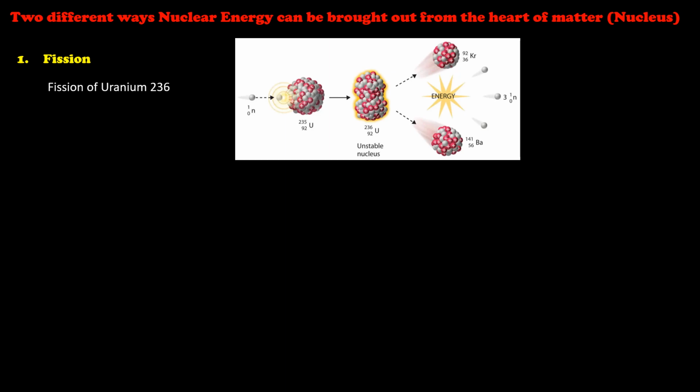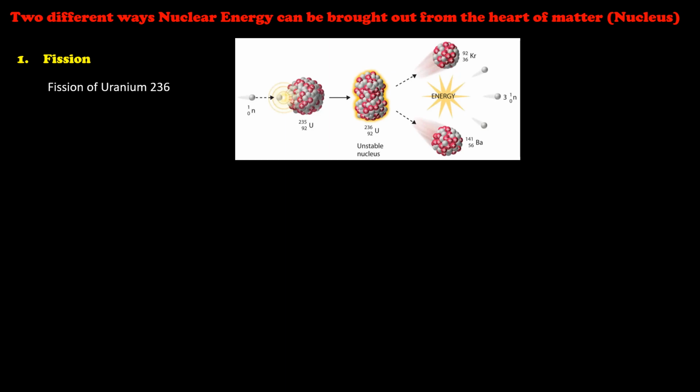The basic principle is as follows. Normally, uranium has a number of isotopes, and simply the isotopes are the same element, uranium, but with a different number of neutrons. The main one that is interesting here is uranium-235. If you bombard uranium-235 in nature with slow-moving neutrons, it suddenly becomes uranium-236.